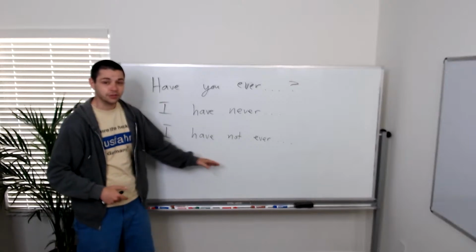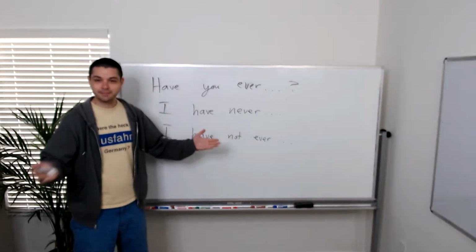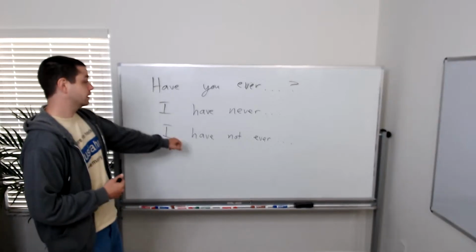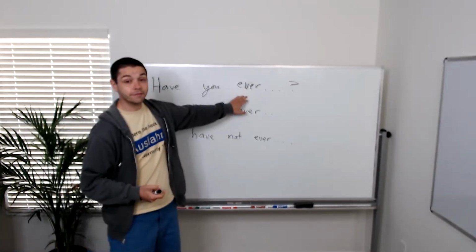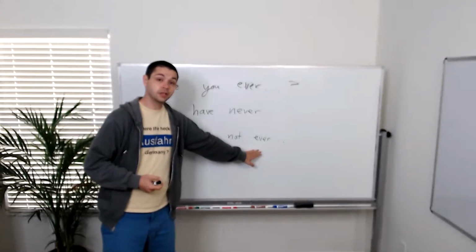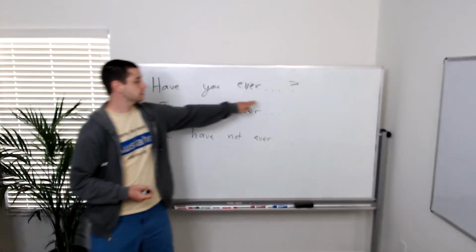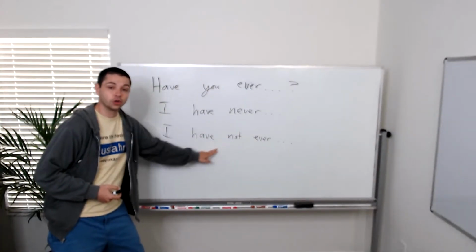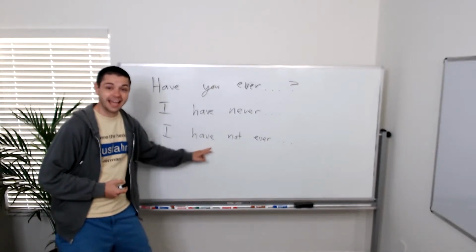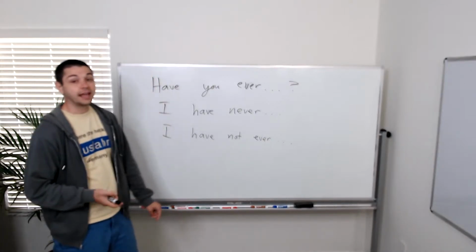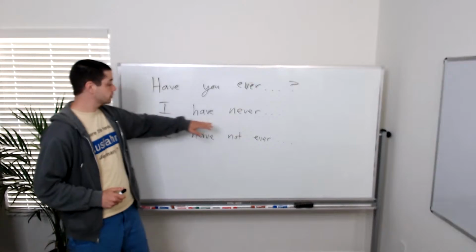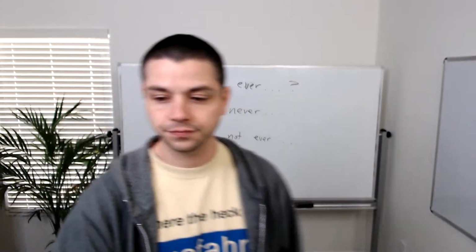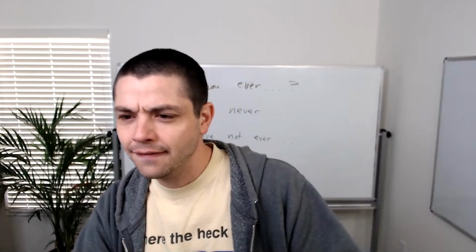I haven't ever and I have never, they mean the same thing. But in grammar in English, we should use the word ever with questions and with negative verbs, right? Have not, haven't. And we should use never with positive verbs. I have. All right. Great.